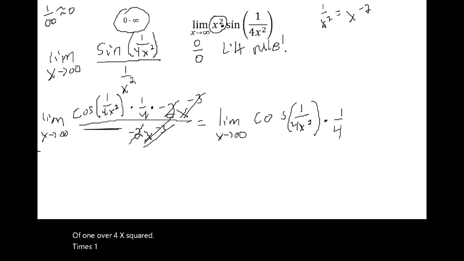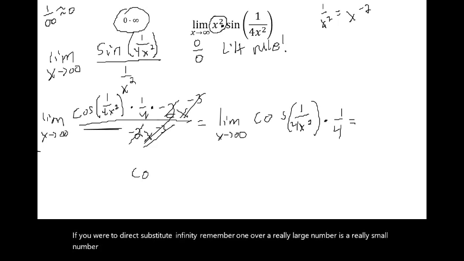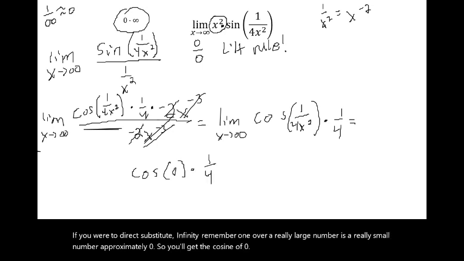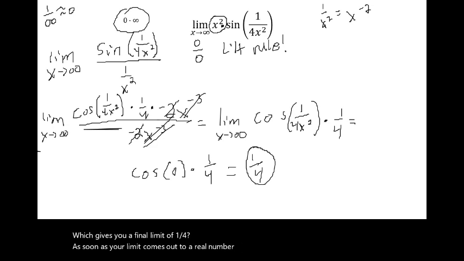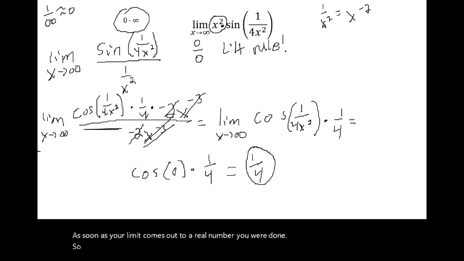If you direct substitute infinity, remember 1 over a really large number is a really small number, approximately 0. So you'll get the cosine of 0 times 1/4, which gives you a final limit of 1/4. As soon as your limit comes out to a real number, you are done. So your limit is equal to 1/4.